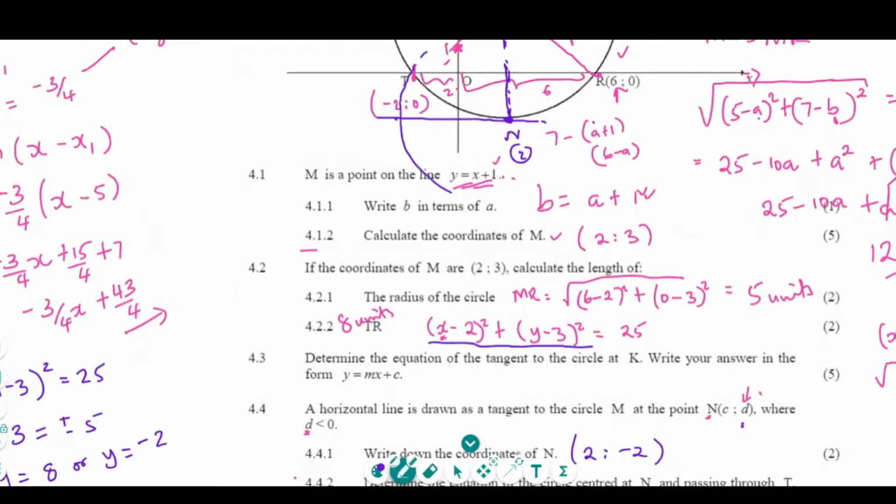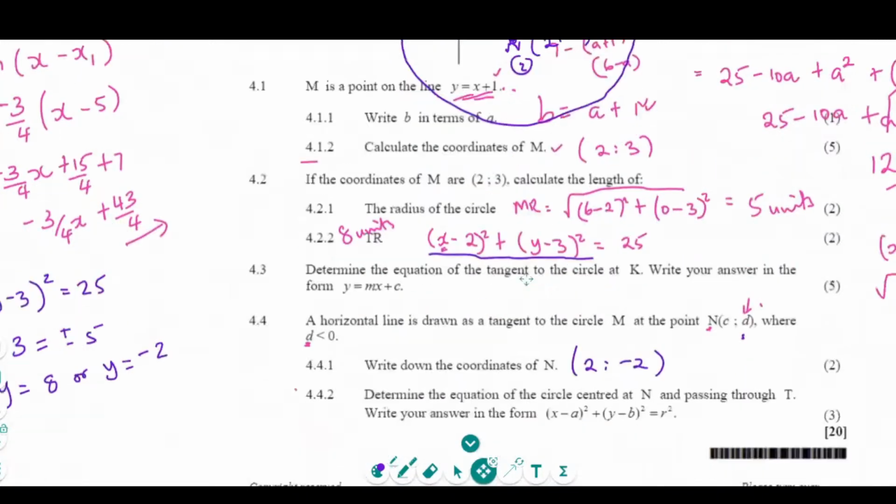So if that is our circle, something like that, passing through this. We know the coordinates of T, and we now know the center coordinates of N. So all we need is the radius TN. If we can get that, then we have our equation.